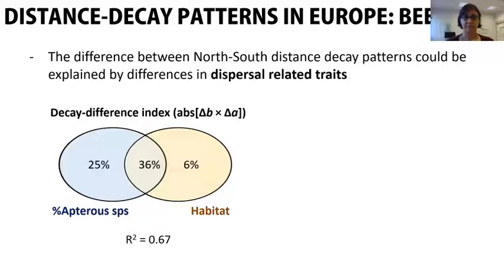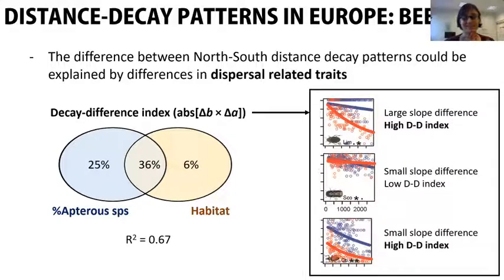So we also tested if this difference in the distance decay pattern was actually related with those traits. And yes, it was. We didn't only relate it with dispersal traits, also with other ecological characters, but it was the dispersal ones that explained most of the variance.